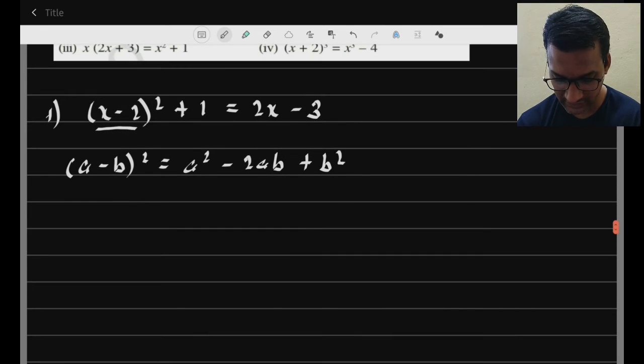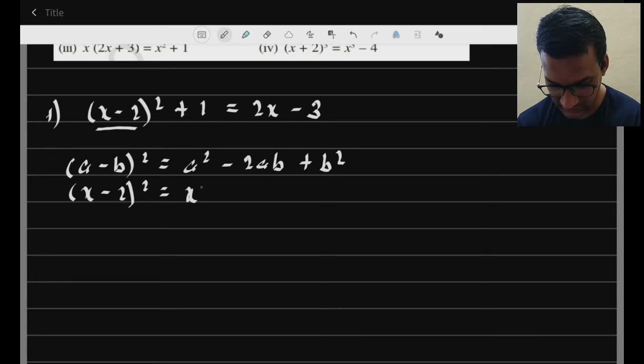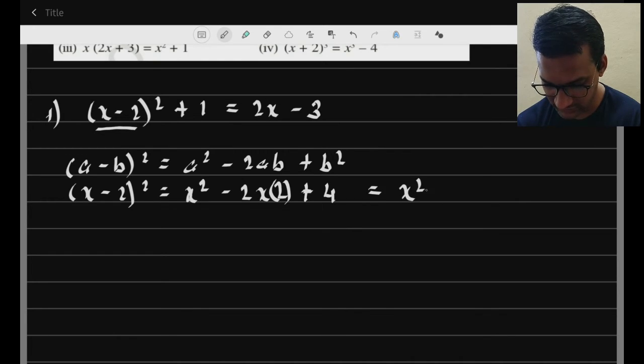Same way we will expand this (x minus 2) bracket. Here x is a, minus 2ab, that means x into b, that is 2 again, plus b square. b square means 2 square, we will get 4. So it will be x square minus 4x plus 4.